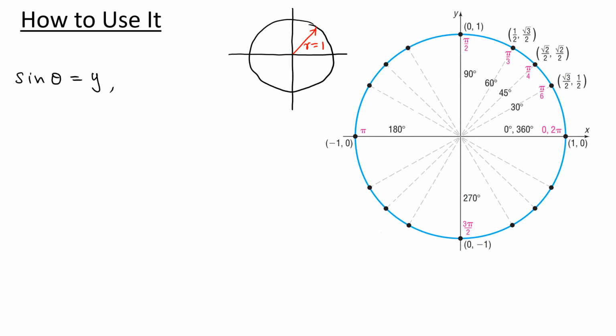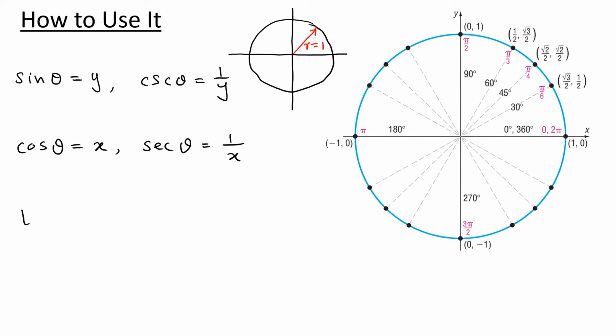And then if you take the reciprocal of that, the cosecant theta is simply going to be 1 over y. And then similarly, cosine theta is the x coordinate over 1, which is just the x coordinate, and the reciprocal of that, which is secant theta, is 1 over x.